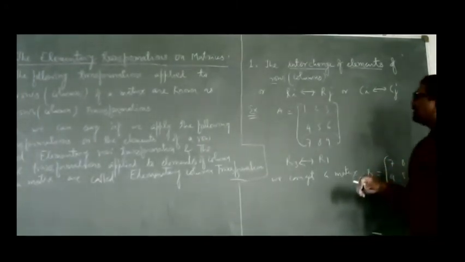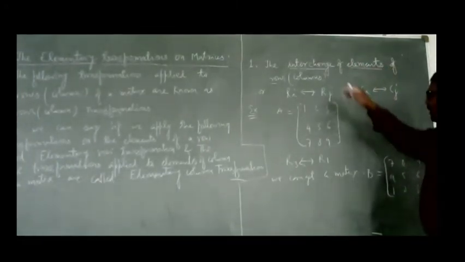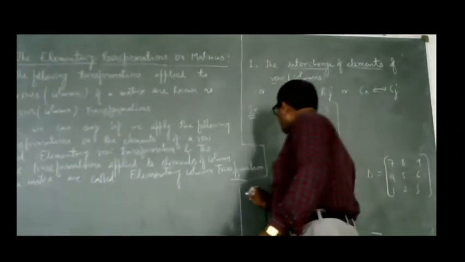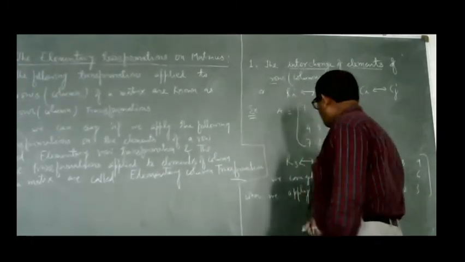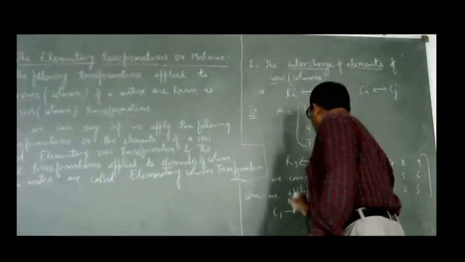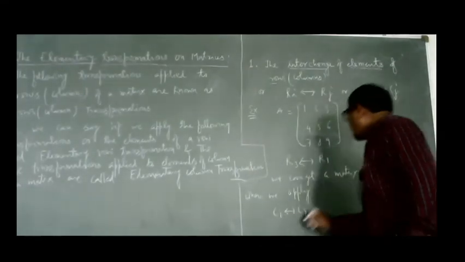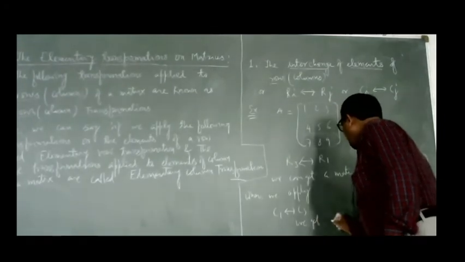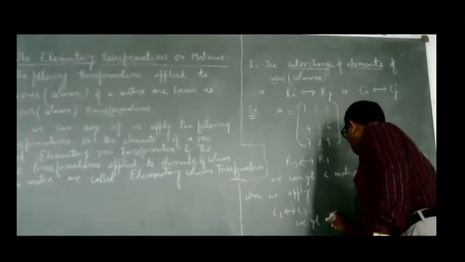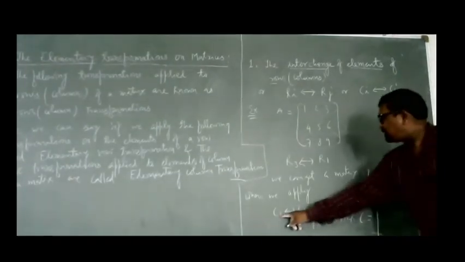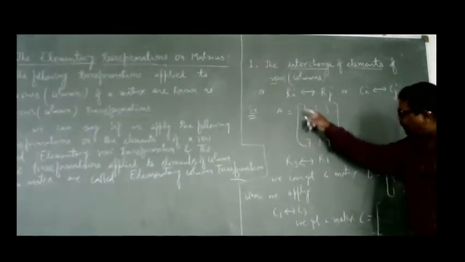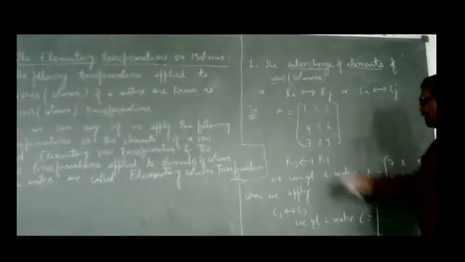In the same way, we can find the interchange of elements of the columns. When we apply C1 interchange with C3, we get a matrix C. Meaning thereby the places of the first column will be taken by the elements of the third column.